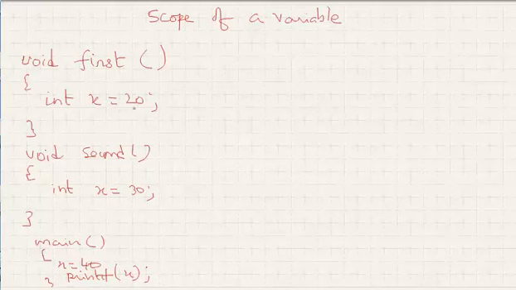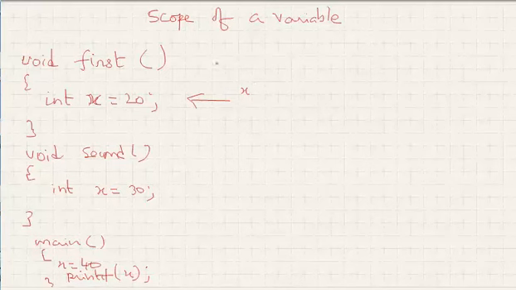Now if you look at the scope of this variable x, the lifespan of this variable x exists only during this function call, during the execution of this function.